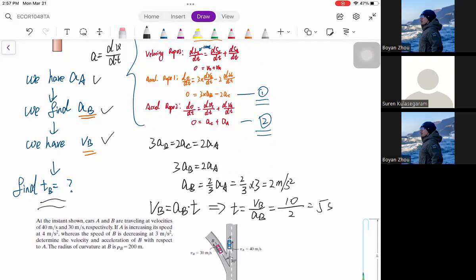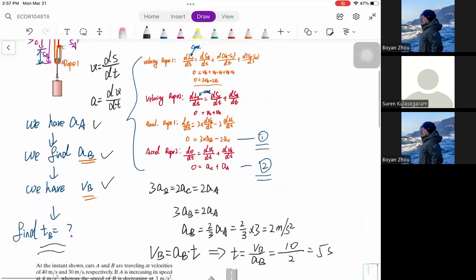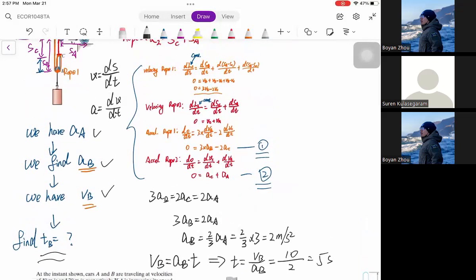So now we know it needs 5 seconds for point B to reach 10 meters per second. Okay, does it make sense to everyone? Okay.